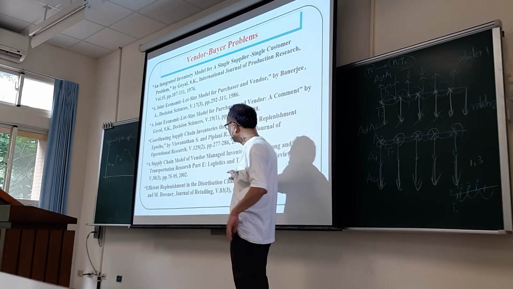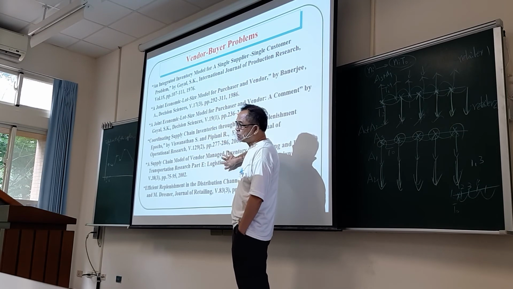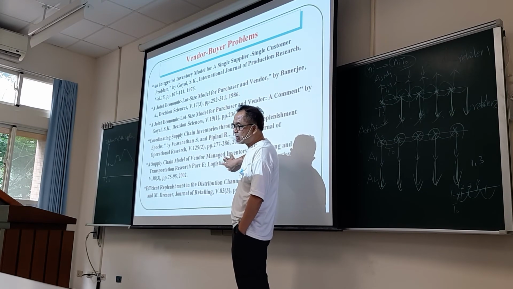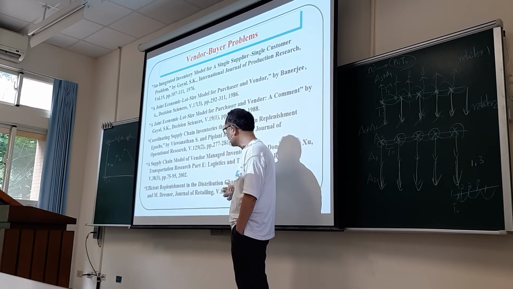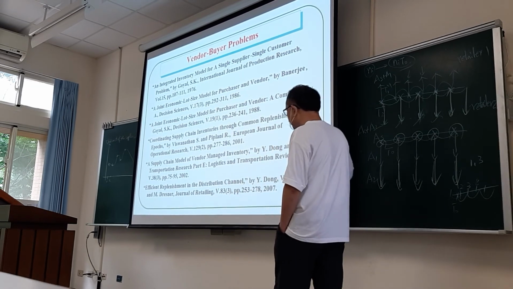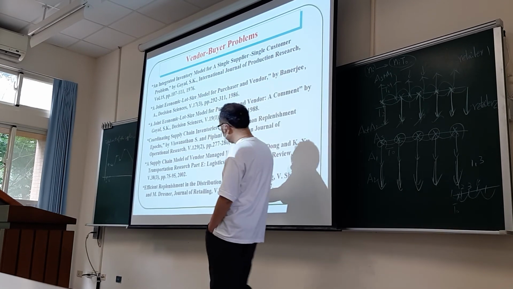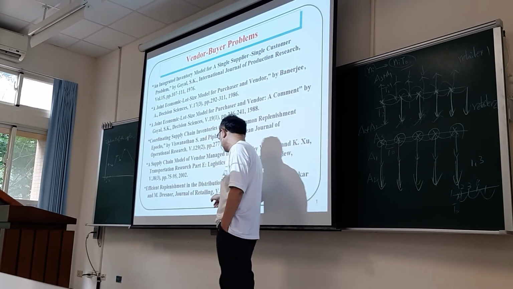And this also has a so-called leader and the follower. Okay, and also for this one is efficient replenishment in the distribution channels. This paper appeared in Journal of Retailing.